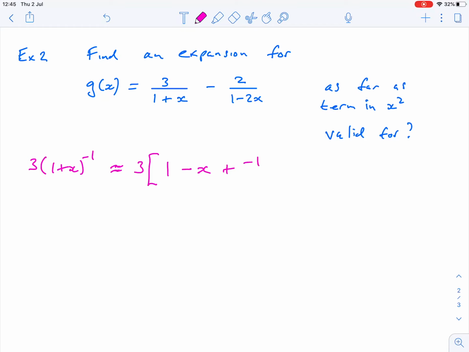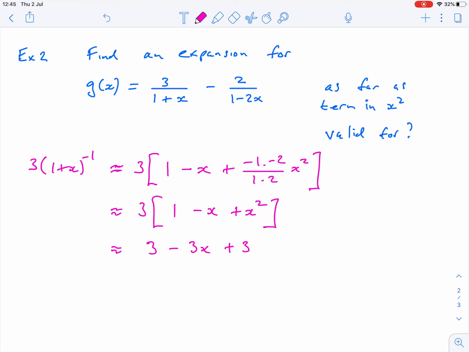Then I want minus 1 times minus 2 over 1 times 2, x squared, and that's as far as I'm going. So that's 3 times (1 minus x plus x squared) because the 2s cancel, which is 3 minus 3x plus 3x squared.